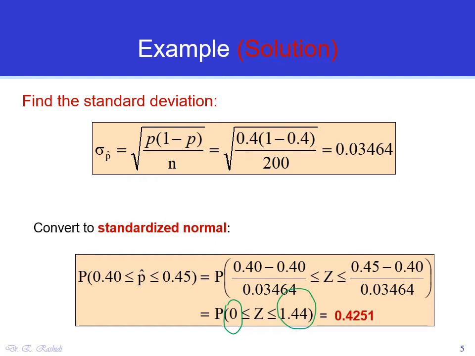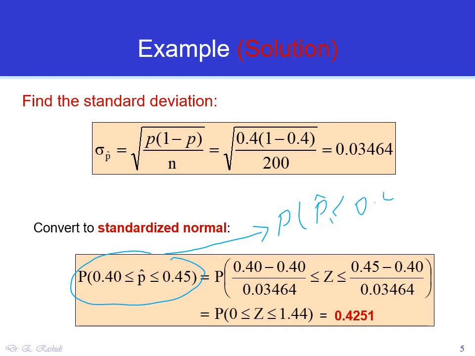If you find this probability, the probability that Z is between 0 and 1.44 is equal to 0.4251. That's the probability that P hat is between 0.4 and 0.45: 0.4251. Just to make sure you remember how to compute this, the probability is equal to the probability that P hat is less than 0.45 minus the probability that P hat is less than 0.4.